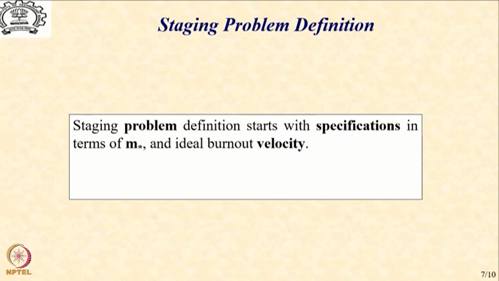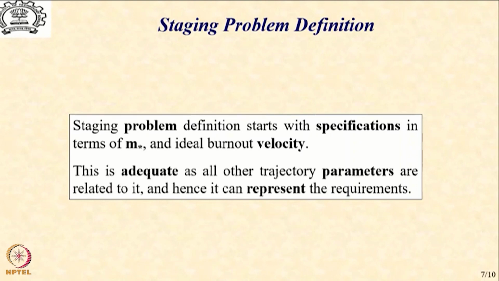So, in that sense, there are two design specifications that are commonly used to drive the design or the solution for pi i's, which are m star or pi star and v star, the burnout velocity.